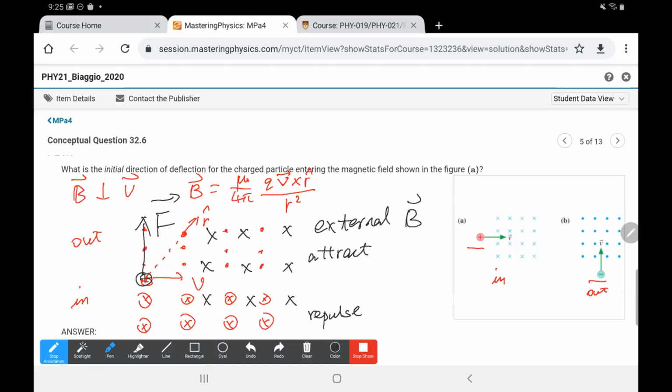So if we have a positive charge, a moving charge generates a magnetic field. And if this magnetic field generated by the moving charge interacts with the external magnetic field, then there will be a magnetic force on the charge. And we call this magnetic force the Lorentz force, because this idea came from Lorentz.